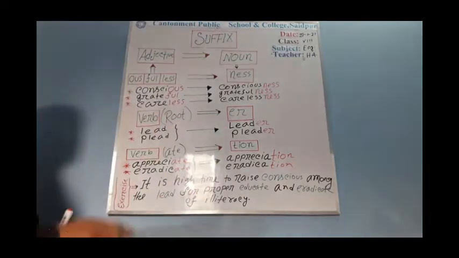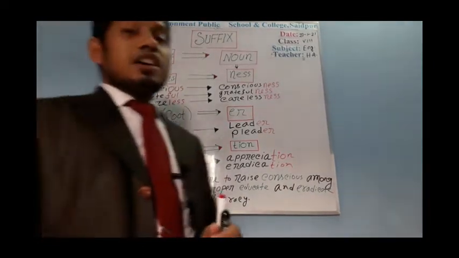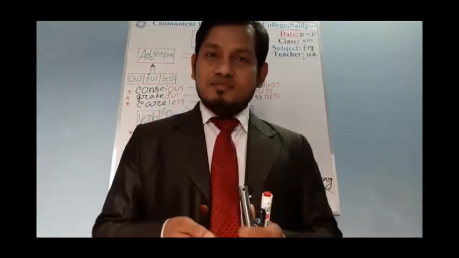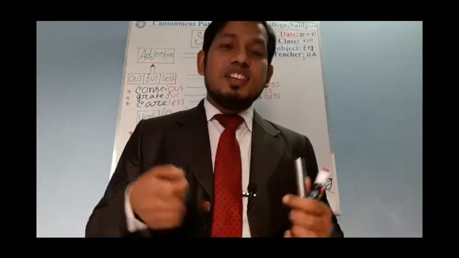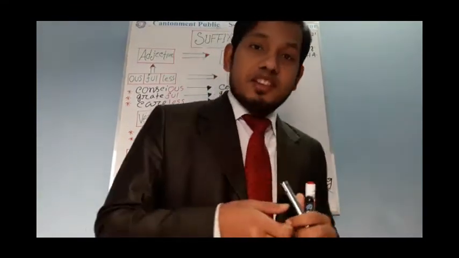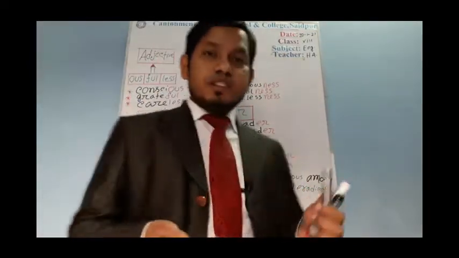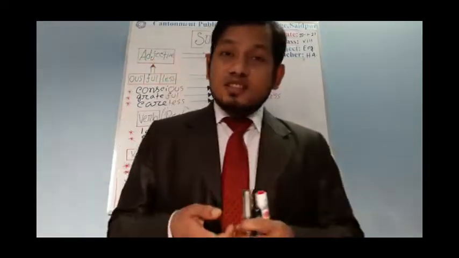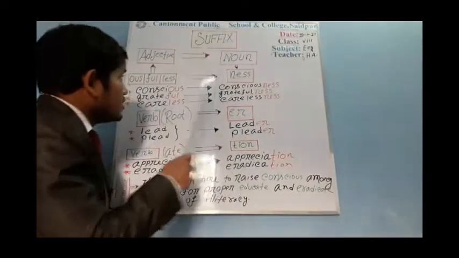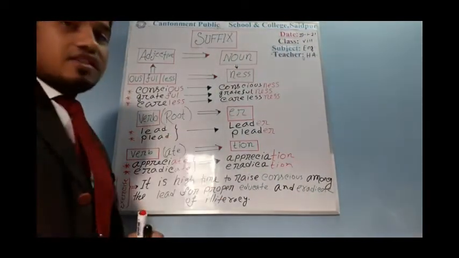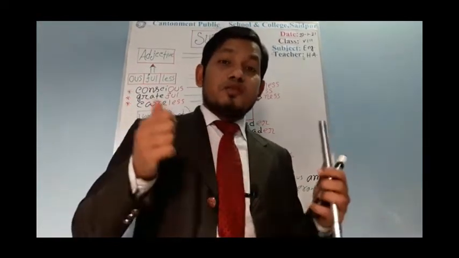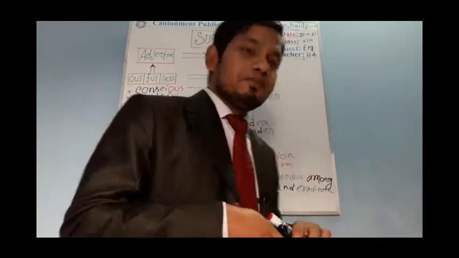Obviously, dear learners, if you don't have a good idea about changing words into different parts of speech based on meaning, basically you cannot speak or write well, even in the exam, right, learners? That's why this chapter, this topic, suffixes and prefixes in English, is much more important for every one of you, right?